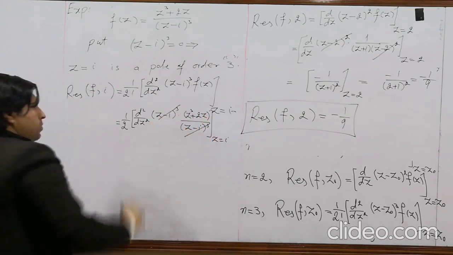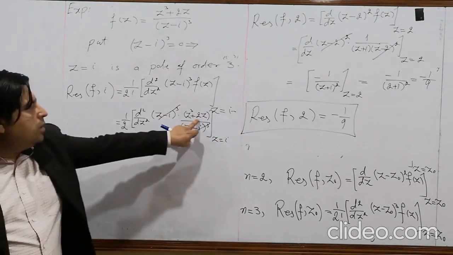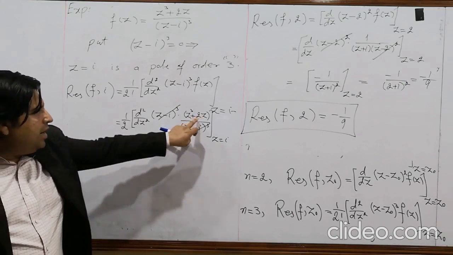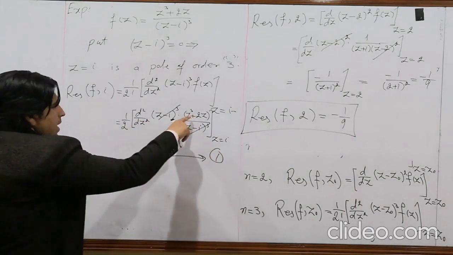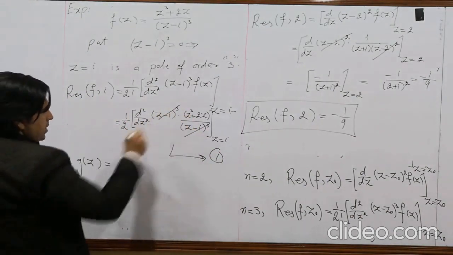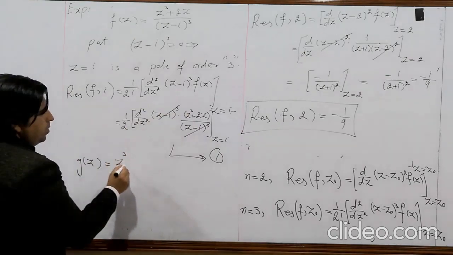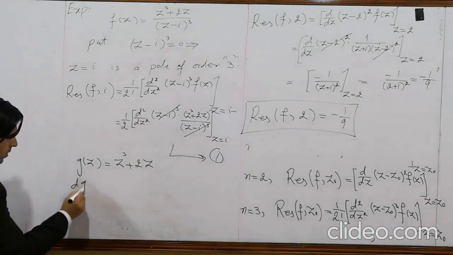So this will cancel with this one. But I have to differentiate this function 2 times. So let us call this equation 1, and I take this function as g of z. G of z is z cube plus 2z. Now differentiate this.